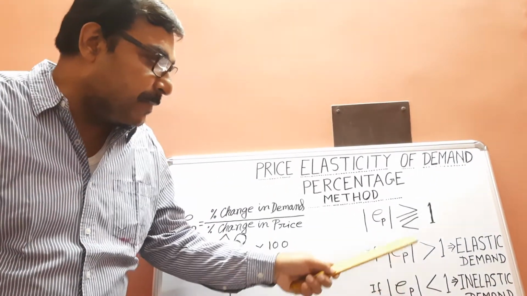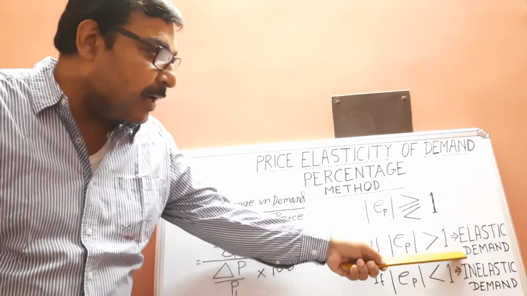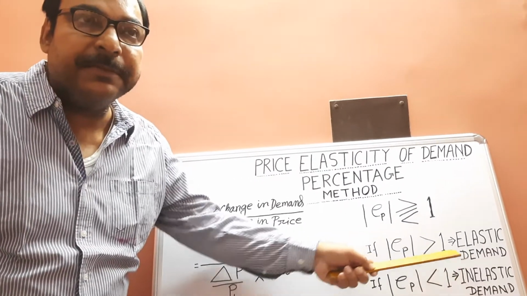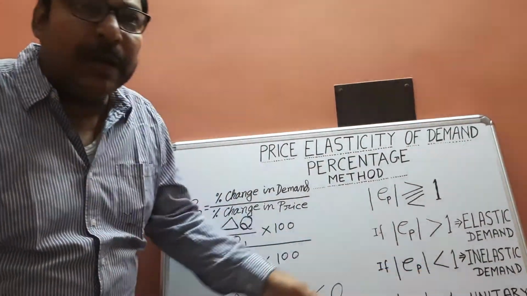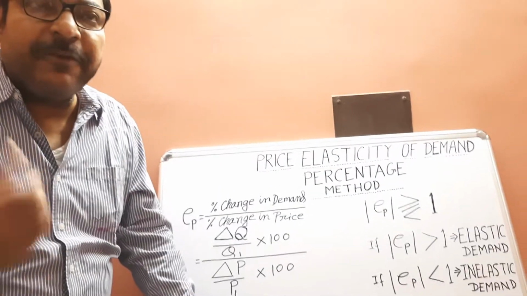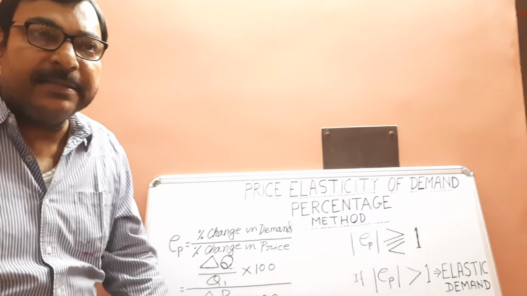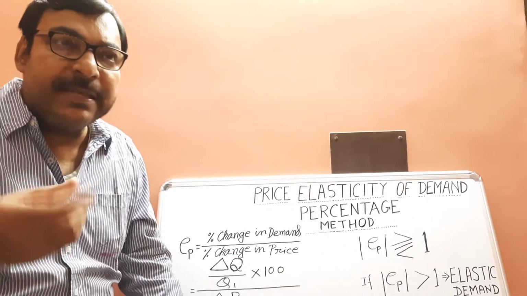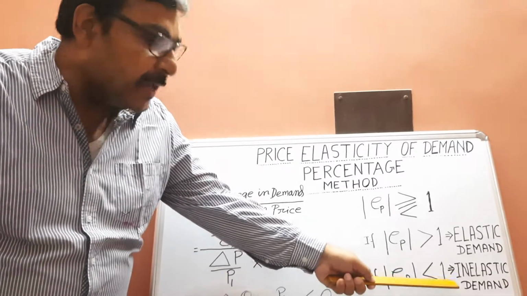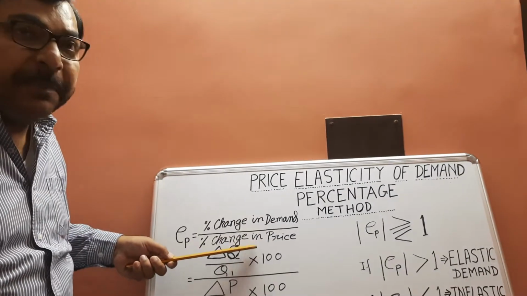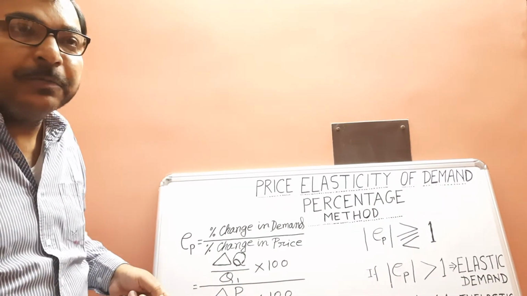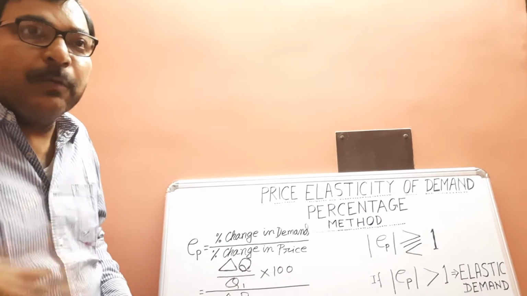If modulus EP is greater than 1, it is a case of elastic demand. If modulus EP is less than 1, suppose 0.75 is the answer, 0.8 is the answer, a value less than 1, it is a case of inelastic demand. It will happen when percentage change in price is more, the denominator part is more, then the ratio will be less than 1.